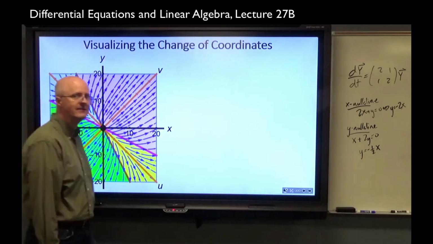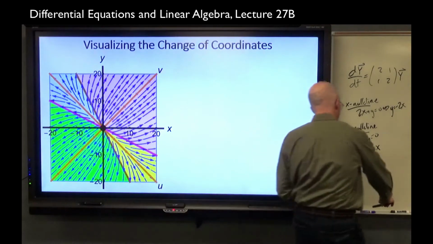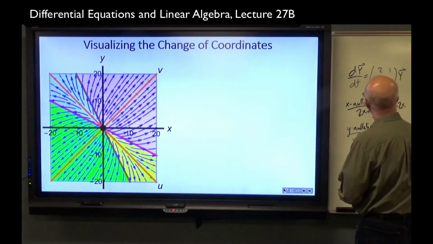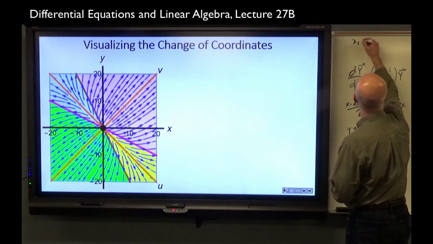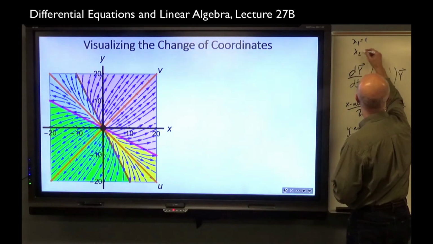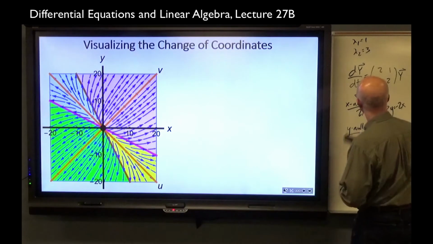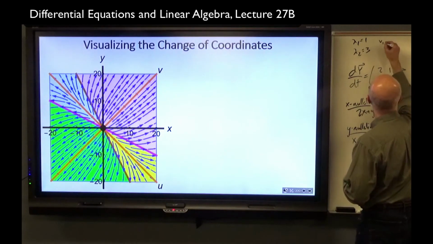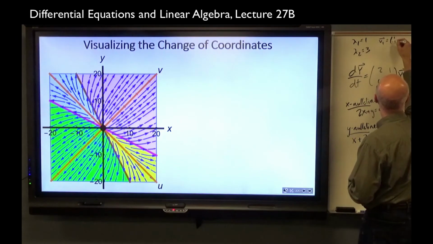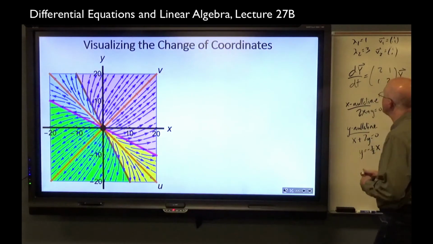Let's see. The eigenvalues, again, were negative 1, or excuse me, positive 1 and 3. And the eigenvectors that we wrote down, v1 to be (1, negative 1), and v2 to be (1, 1).